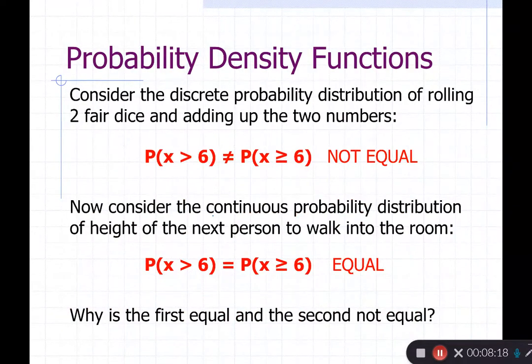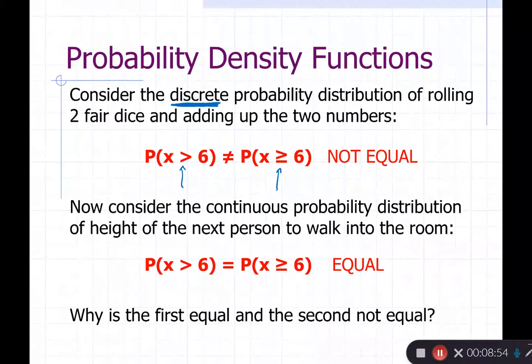Okay. One thing that's worth pointing out is that when you have discrete data, or when you're working with a discrete random variable, the greater than and the greater than or equal to are not the same thing. So if you're rolling 2 dice, you could roll 2 dice and end up with a sum anywhere from 2 to 12.